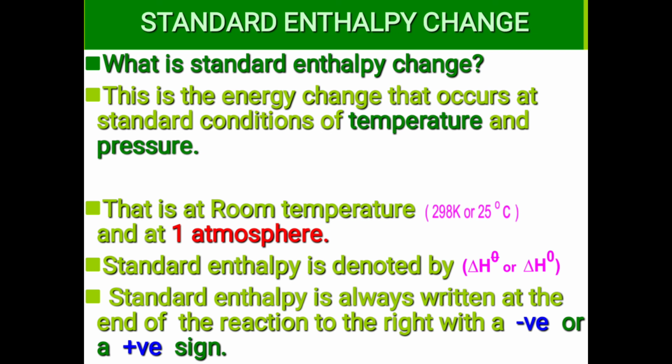So any enthalpy change that occurs in its standard conditions of temperature and pressure, we call the standard enthalpy change. It is standard because it is occurring at standard conditions of temperature and pressure. Now standard enthalpy change is denoted by ΔH theta or ΔH naught. It is always written at the end of the reaction with either a negative sign or a positive sign.